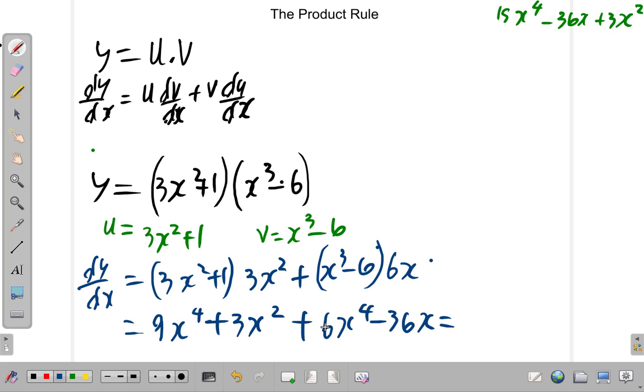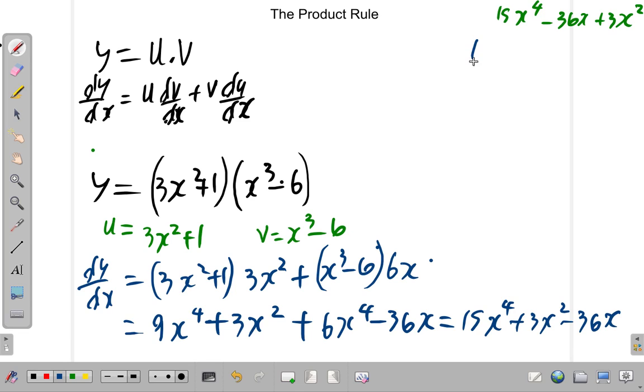9x to the fourth plus 6x to the fourth is going to be 15x to the fourth, and then we have 3x squared, then minus 36x. Alright, is it the same thing? Right.